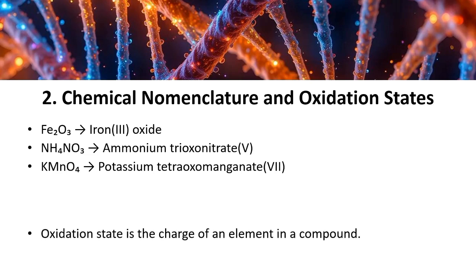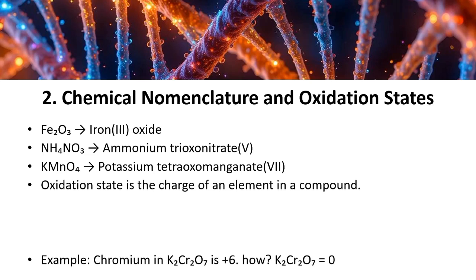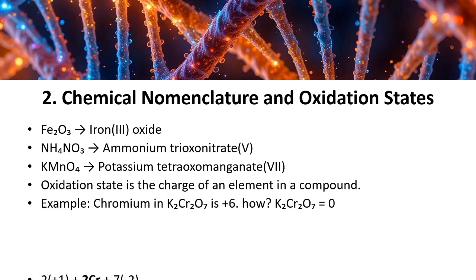The oxidation number of chromium in potassium dichromate, K2Cr2O7, can be determined using algebraic sum rules, yielding +6 for chromium. Potassium, K is +1, oxygen is -2. So we look for chromium and get it as +6. Can you do it?